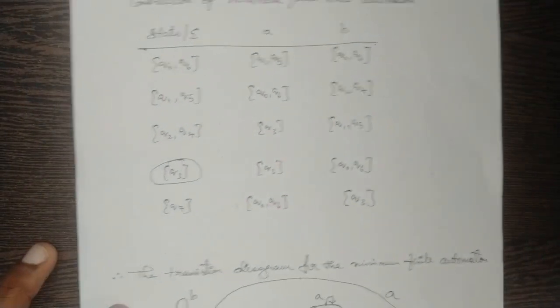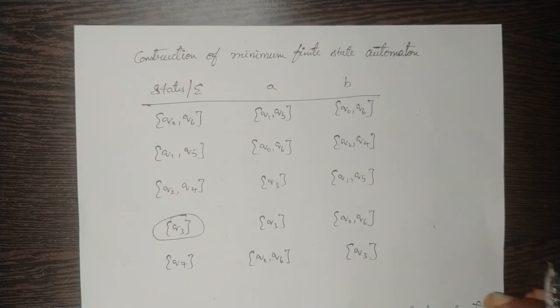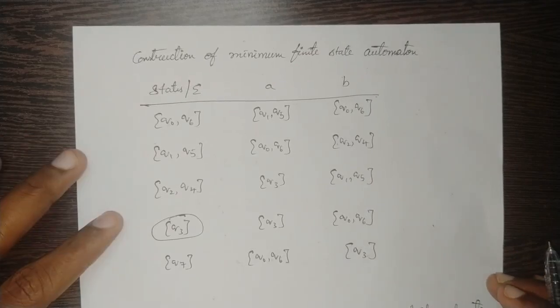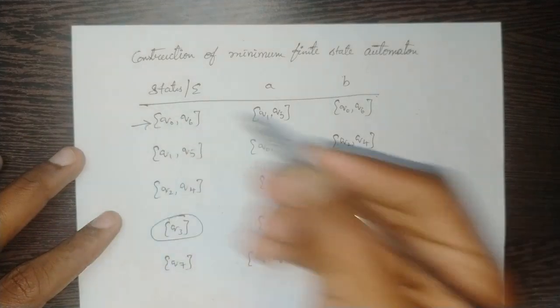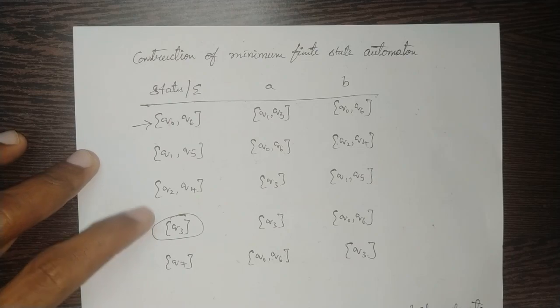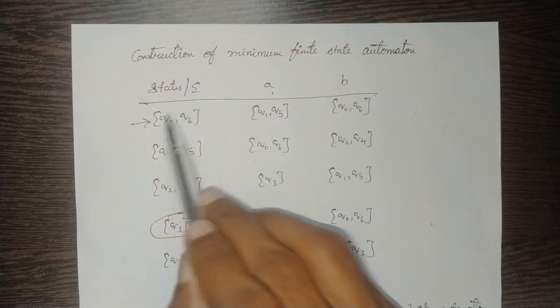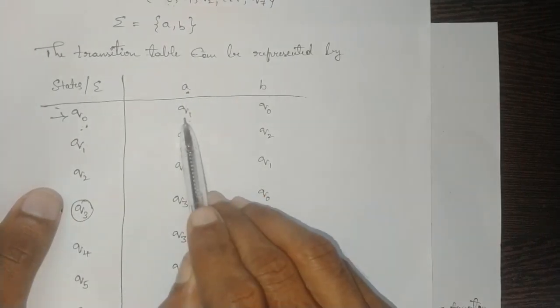So this is the construction of a minimum finite state automaton. So carefully note this table. Here Q0, Q6 is the initial state, Q3 is the final state. When A is applied to the state Q0, it moves to Q1.